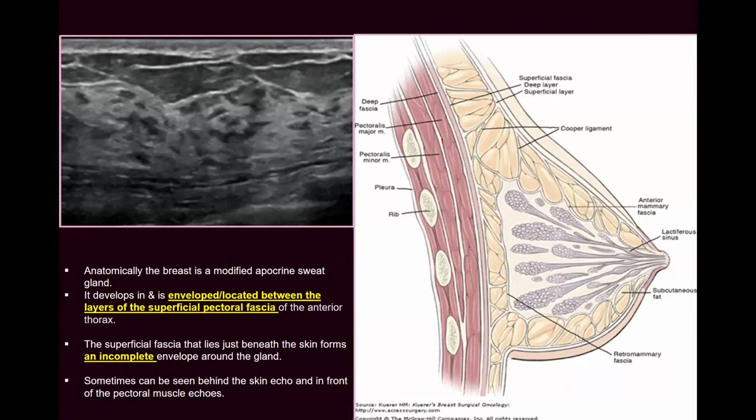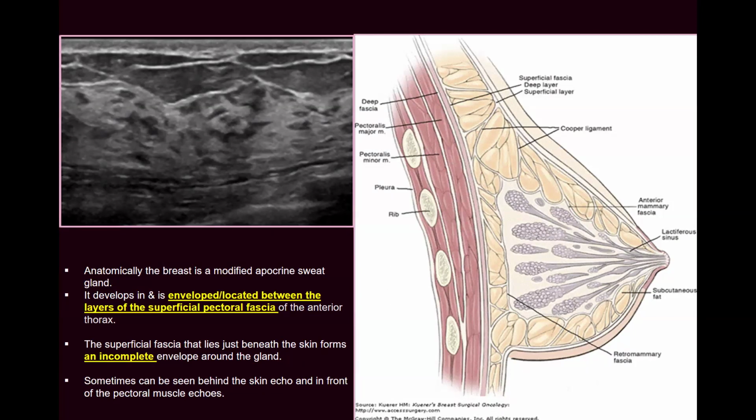Then let us talk about different types of fascia, talking a little bit about the stromal component. Last time we discussed the glandular component. Today, let us go through a little bit of the stromal component, going through the zonal anatomy.